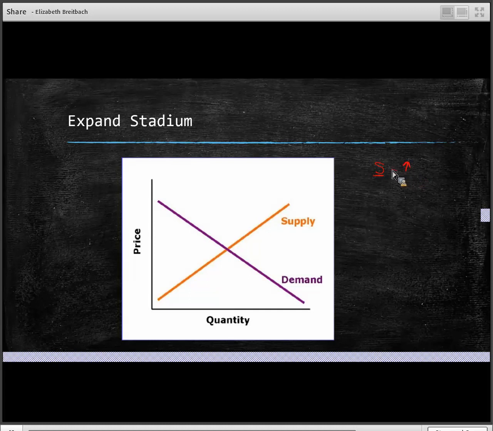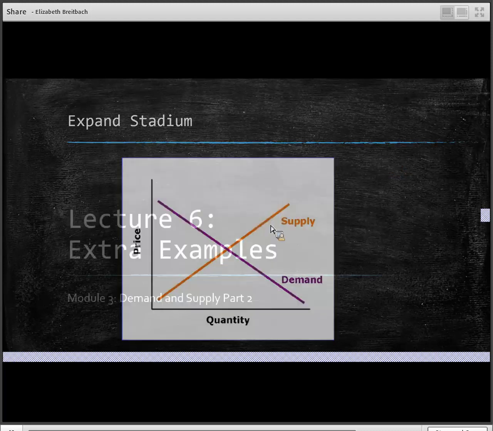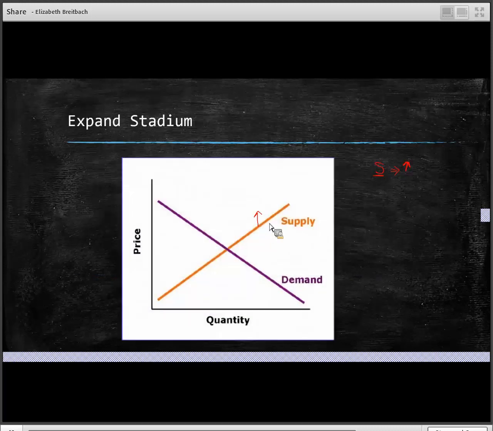So what does it mean when supply increases? It's always easy to say, oh, supply goes up and let's point this up. No, that's not correct. What it means is instead that supply has increased at all price levels. And so we can draw in our new supply curve, and let's call this S2. We can compare our S2 to our old equilibrium price, which I'm going to call P1.